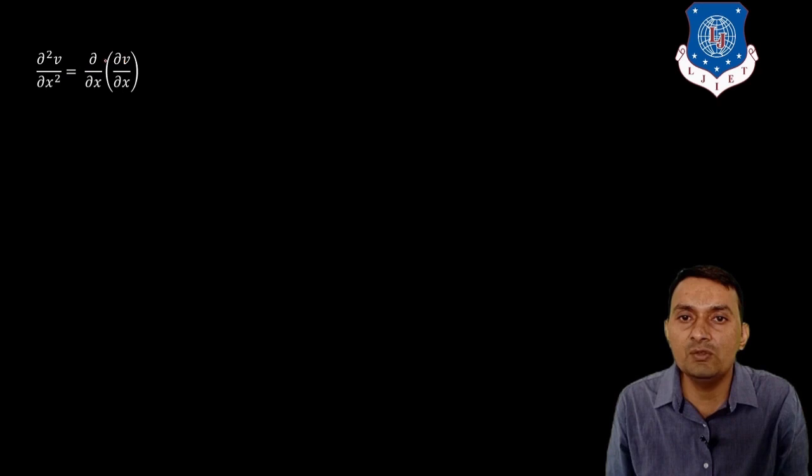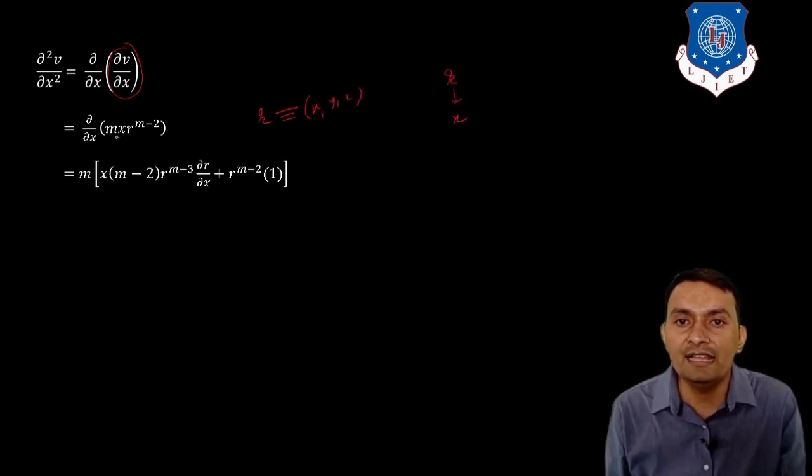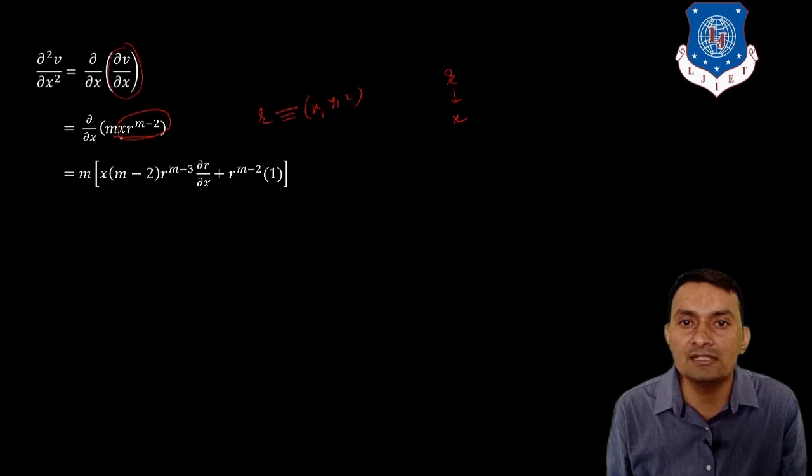But our target is to determine del square v by del x square. That means we need to take the derivative of this with respect to x, that is del by del x of del v by del x. Now we keep in mind that r is a function of x, y, and z. Whenever I find the derivative of this function, m is there, and I concentrate on this part with respect to x: I get x as it is, and then the derivative of the other factor with respect to x.